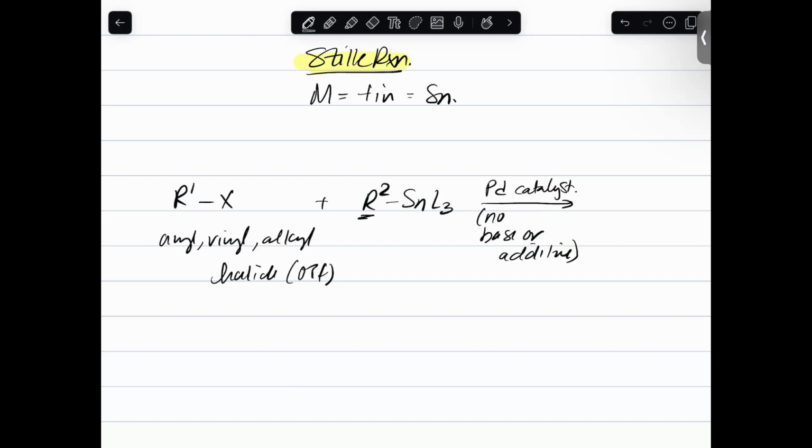And just like before, we have the coupling of our R groups. We typically are forming carbon sp2, carbon sp2 bonds. In certain cases, we're forming carbon sp, carbon sp2 bonds. Rarely are we forming carbon sp3 systems, and we'll talk about why in a second.